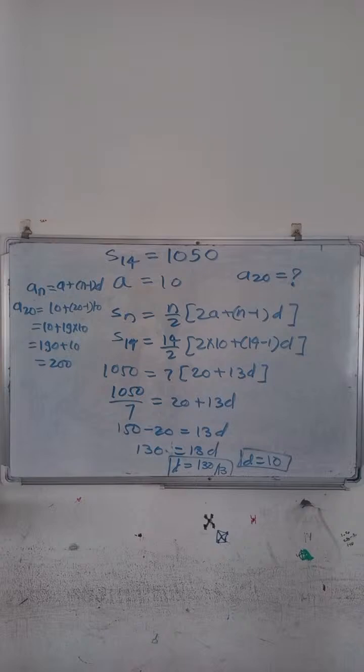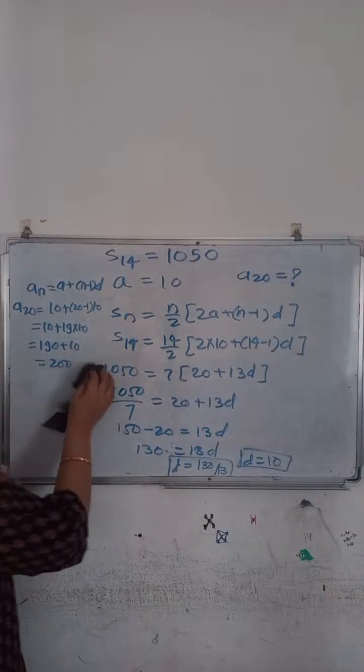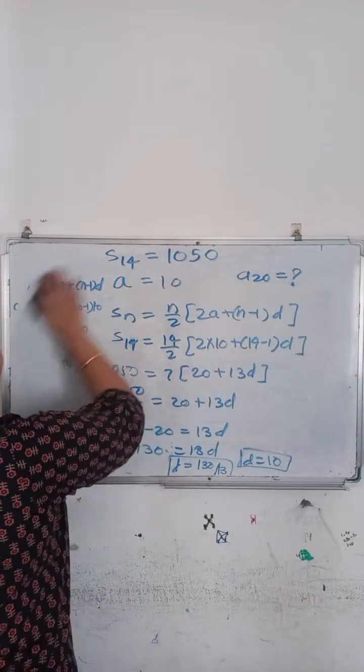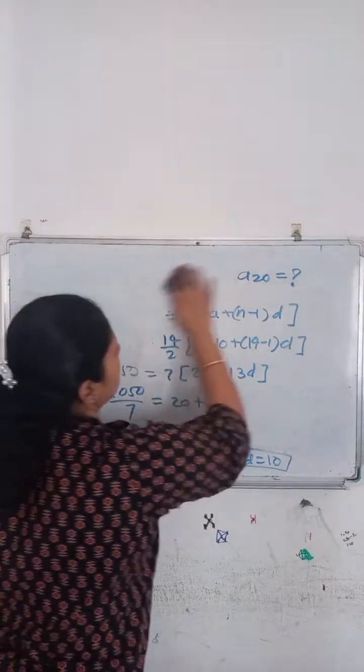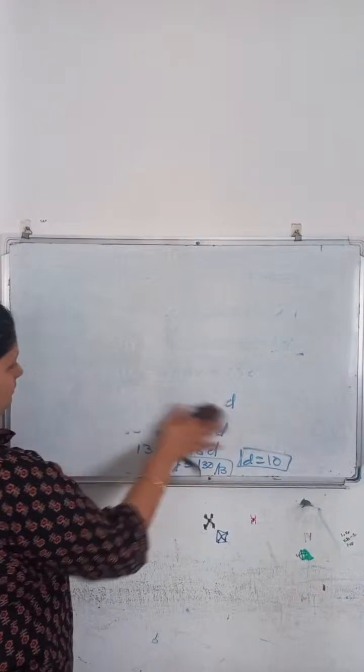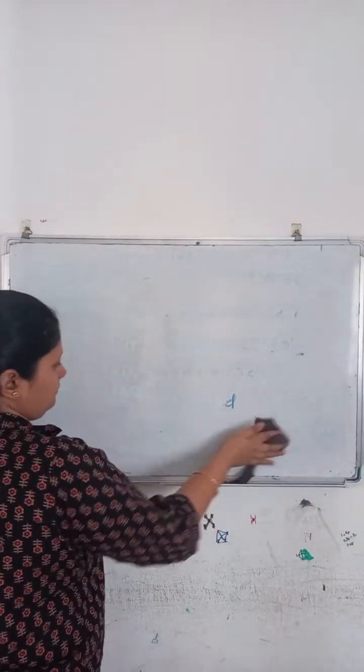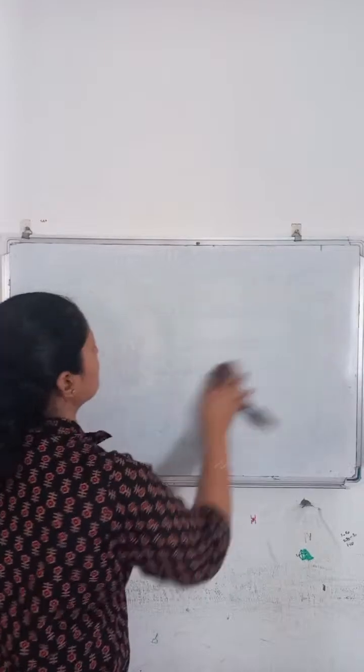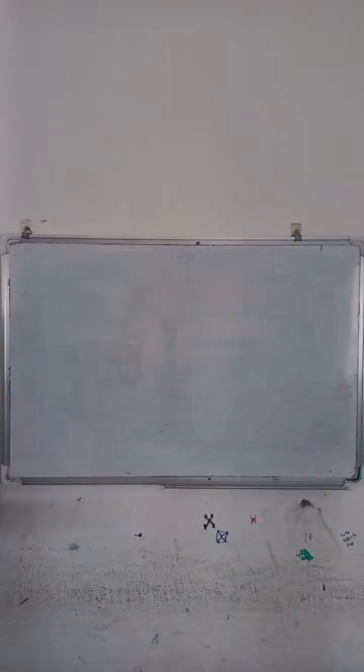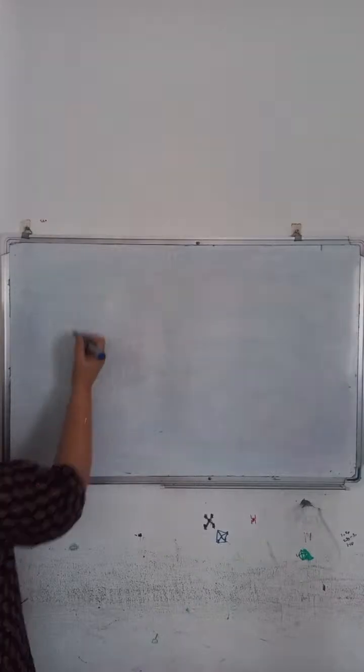Can you find this out? Find the sum of all odd numbers between 0 to 50. How to find this? They are saying the sum of odd numbers from 0 to 50.